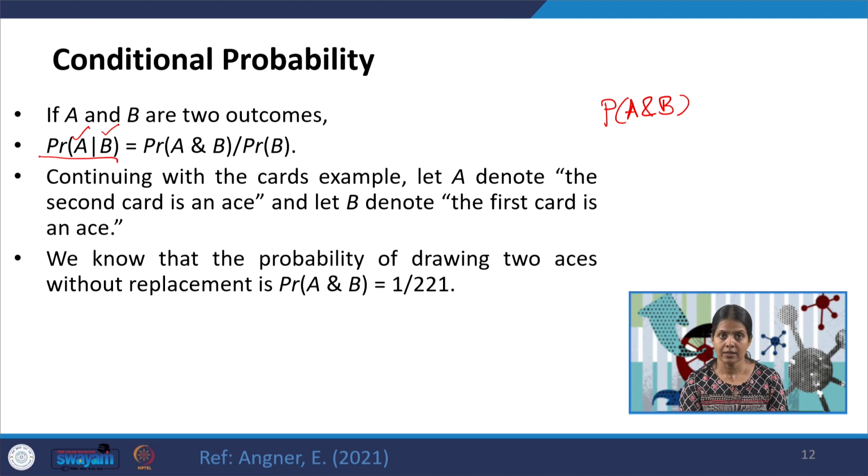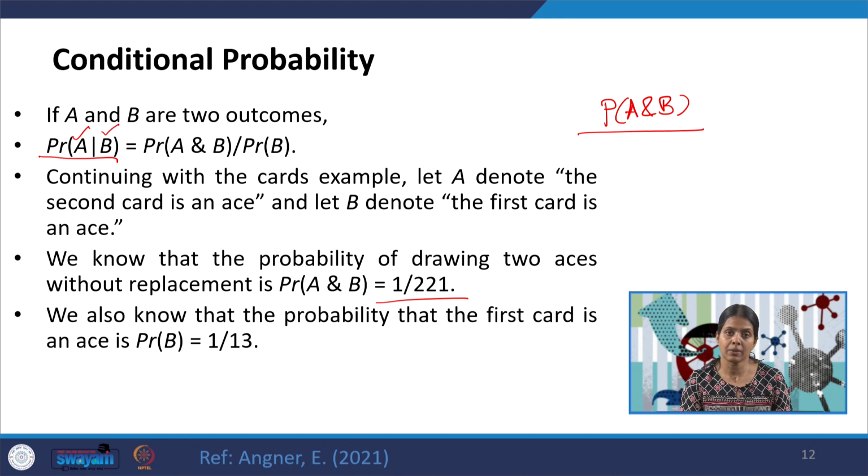We know that the probability of drawing 2 aces without replacement is 1 upon 221, which we calculated in the previous slide. We also know that the probability that the first card is an ace is 1 upon 13, because there are 4 aces in a pack of 52. So, 4 upon 52 makes it 1 upon 13, right.